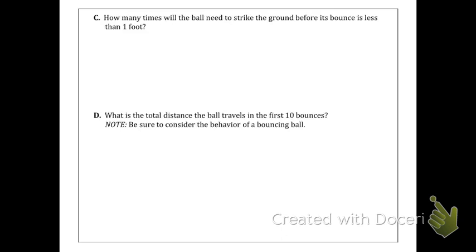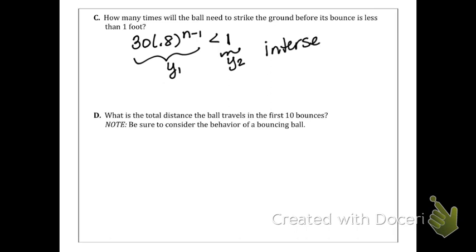C says, how many times will the ball need to strike the ground before its bounce is less than 1 foot? Well, so I know the equation, and I want to know where is it less than 1 foot. So what we can do here is plug this into our y1, plug 1 into our y2, and find the intersection. All right, so when you do that, your y value at the intersection is going to be that 1, but it's the x that's important.